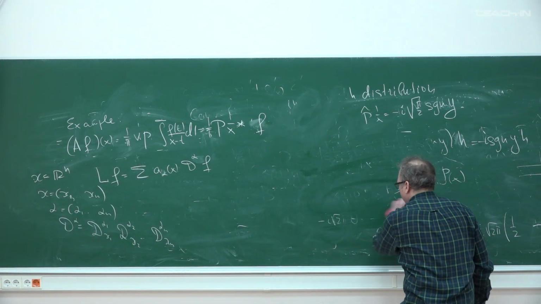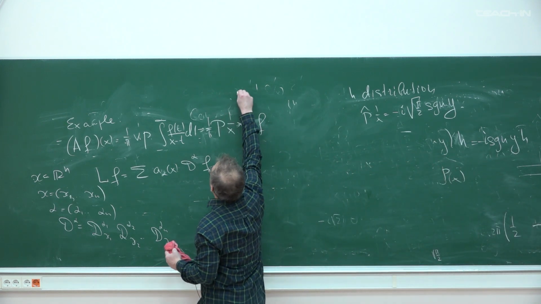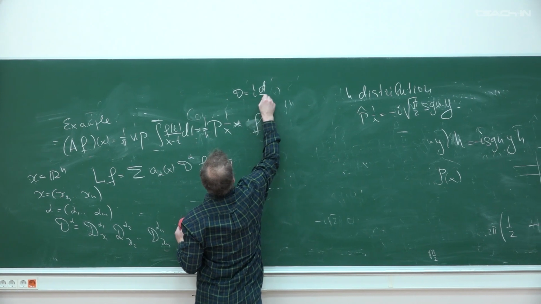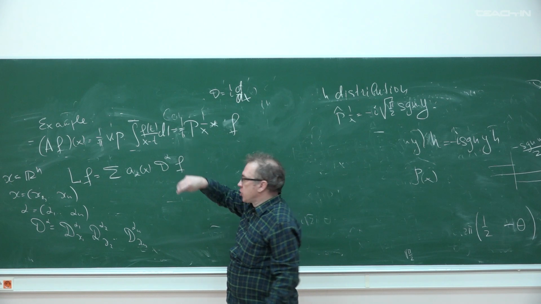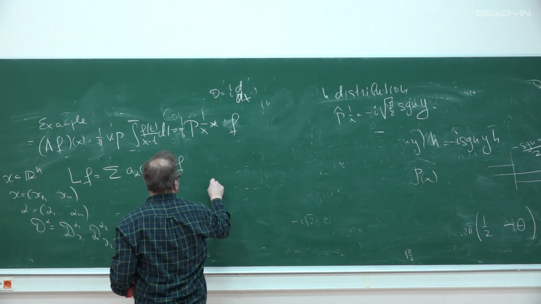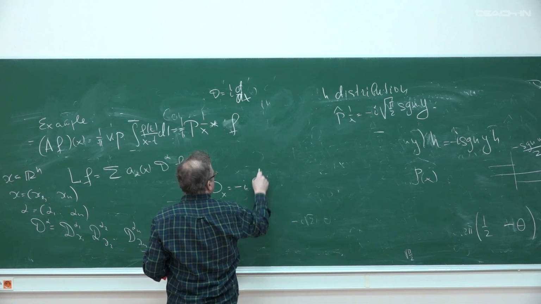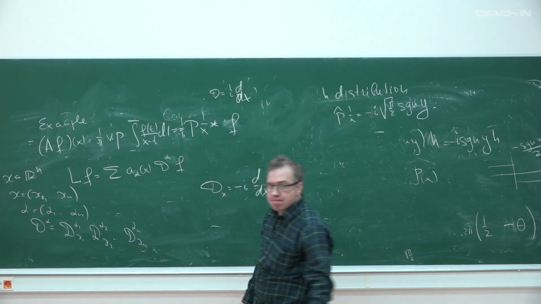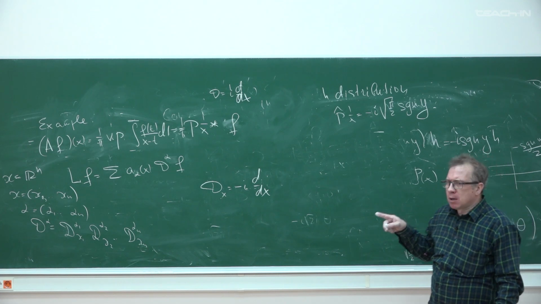Here operator d will be something different. We consider operator d, e dx, in the one-dimensional situation. But just now we consider d1x, which is minus e dx. Why minus here?